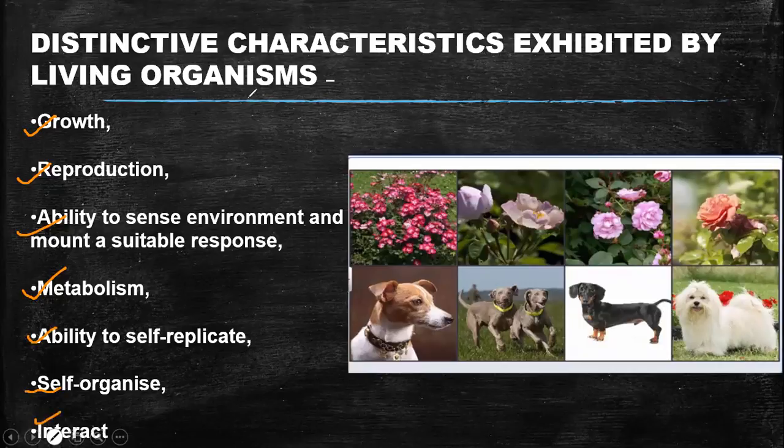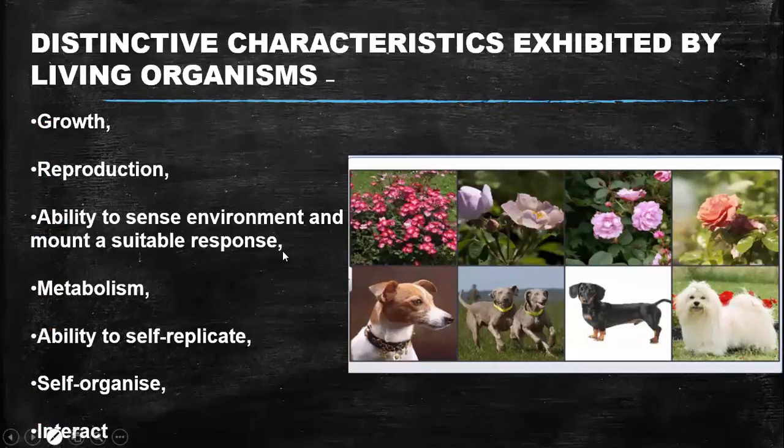All these are the points you can see on this slide. Here you can see that dogs grow, plants grow; this is the very first characteristic, that is growth. Now we are going to discuss what growth is all about.